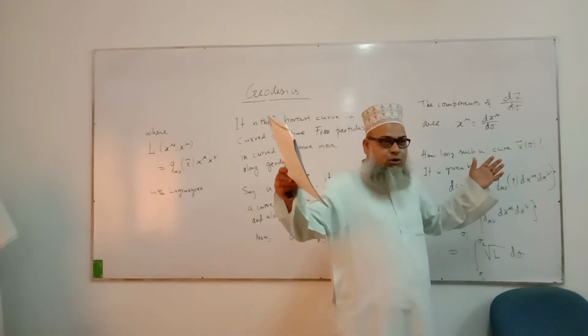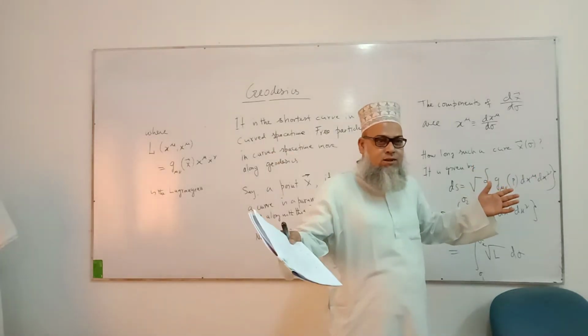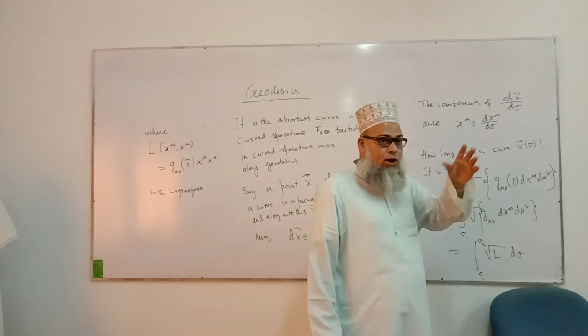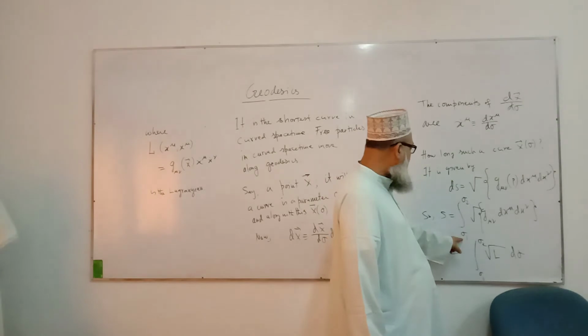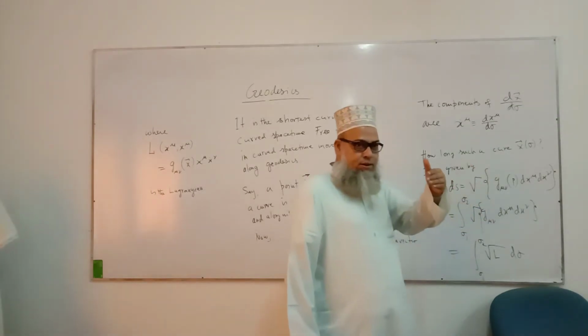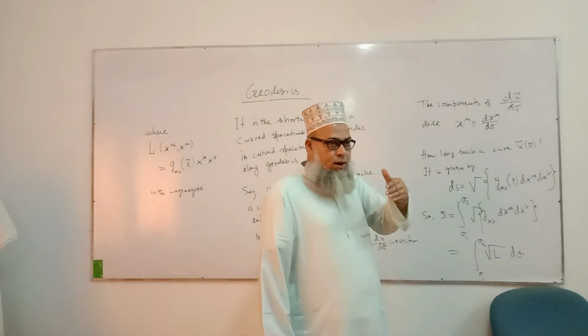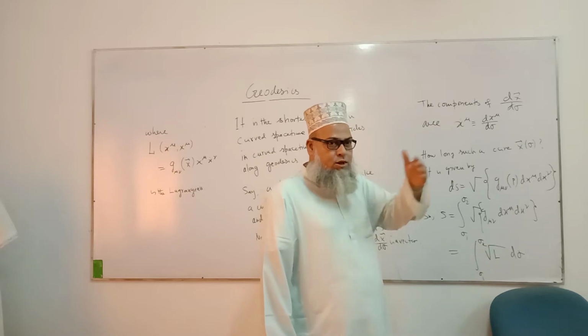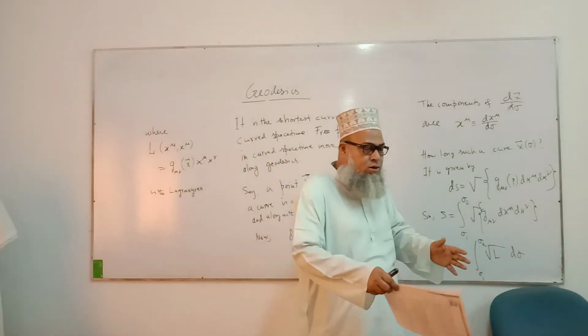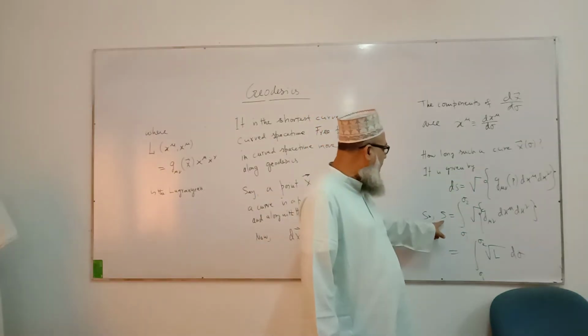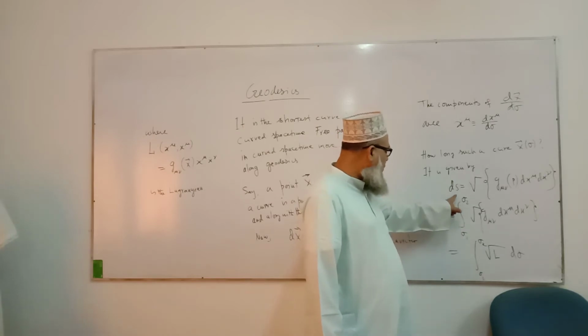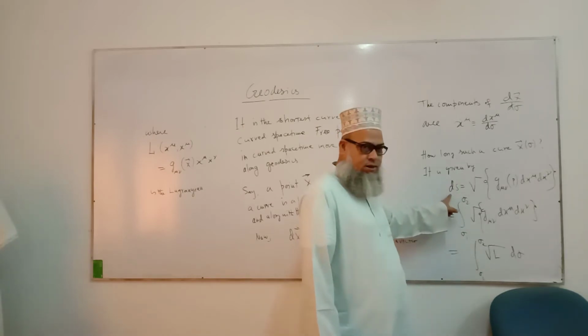And what is the total length? Total length is s. But between what points? Say the parameter values are sigma 1 and sigma 2. Between these two points, the total length of the curve is s, and we shall find it by integrating ds.